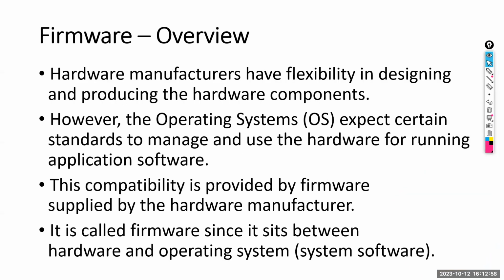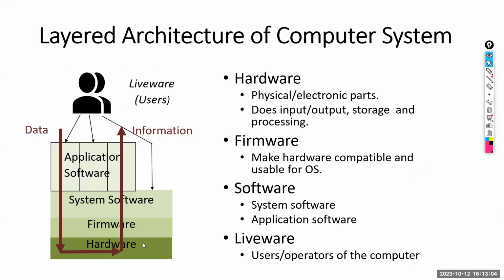So then we have the firmware. Firmware sits in between hardware and software. So this is the software, and this is the hardware. You can see that the firmware is in between hardware and software. That is why we use the word firmware.